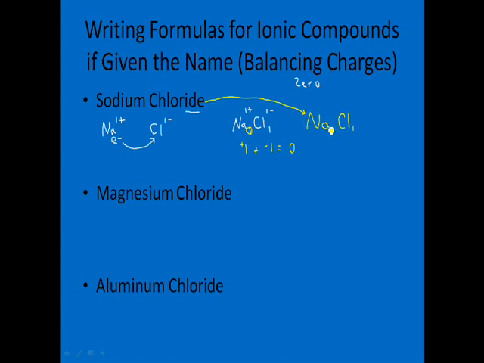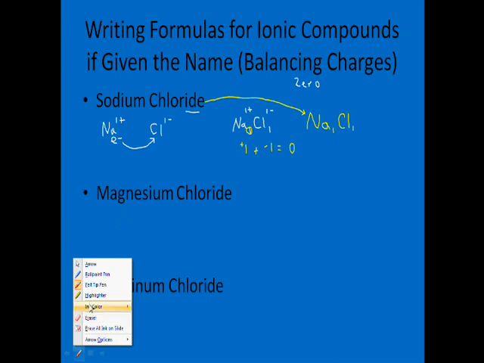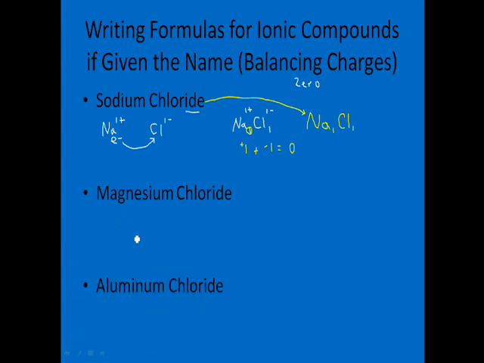Okay, let's try another one. Going to the next column, magnesium. I know that magnesium is in the alkaline earth metals, and I know that the alkaline earth metals form a 2 plus charge. That means every atom of magnesium gives up 2 electrons. But I'm matching it with chloride here. I know that chloride gains 1 electron.